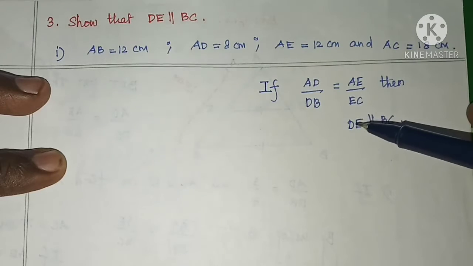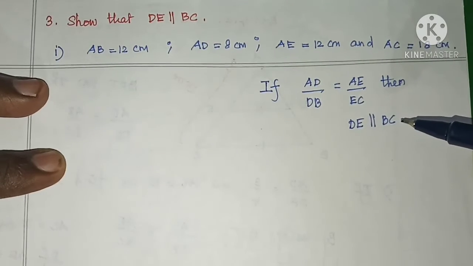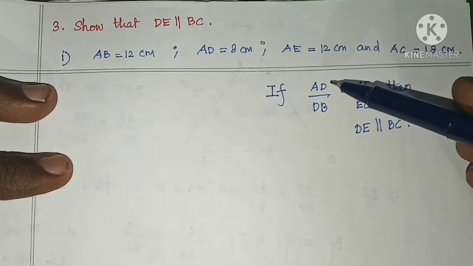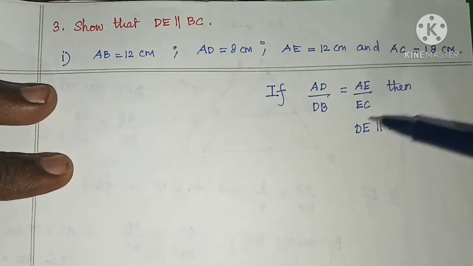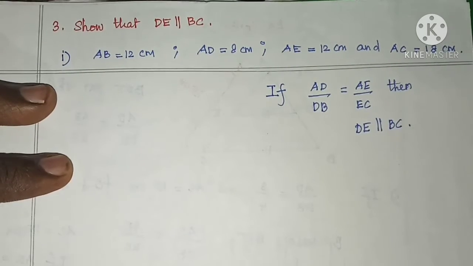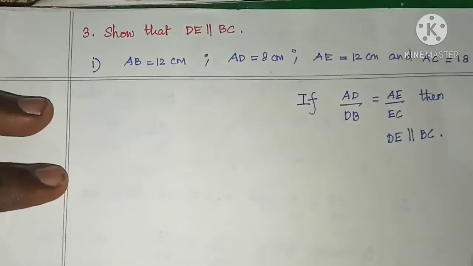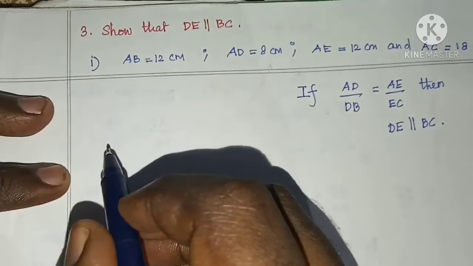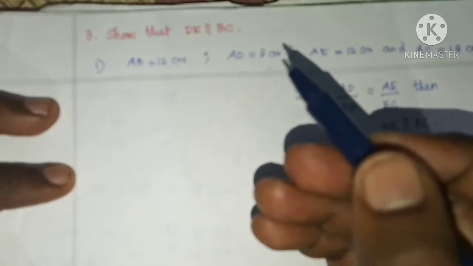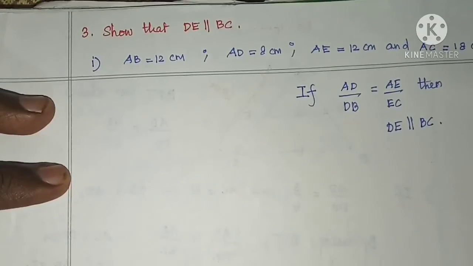Okay, the line DE which is parallel to BC. Okay, so now I am going to check whether LHS is equal to RHS or not. Okay, so AD by DB equal to AE by EC or not. So first, for your better understanding, we can draw a diagram.